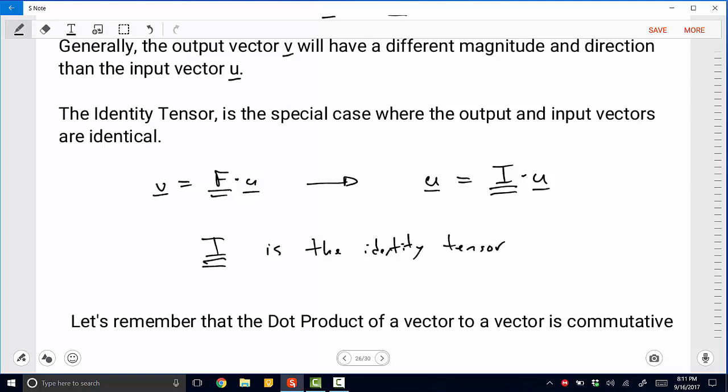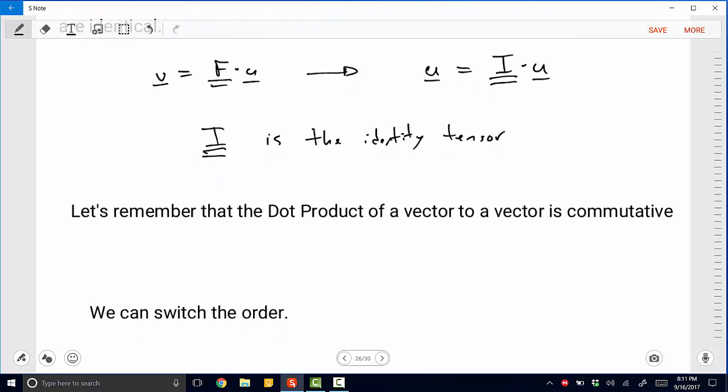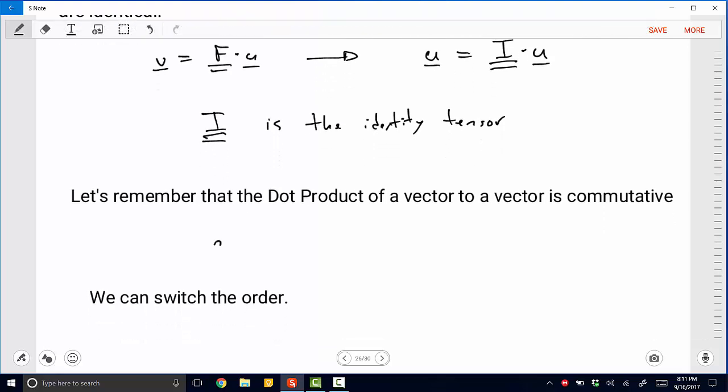Now let's remember from our previous lecture the dot product of a vector to a vector. Say we have a vector A and we perform the dot product of it with respect to a vector B. Then that multiplication with a dot will give us a scalar, where A times B, the magnitudes, times cosine theta is the product of that operation.